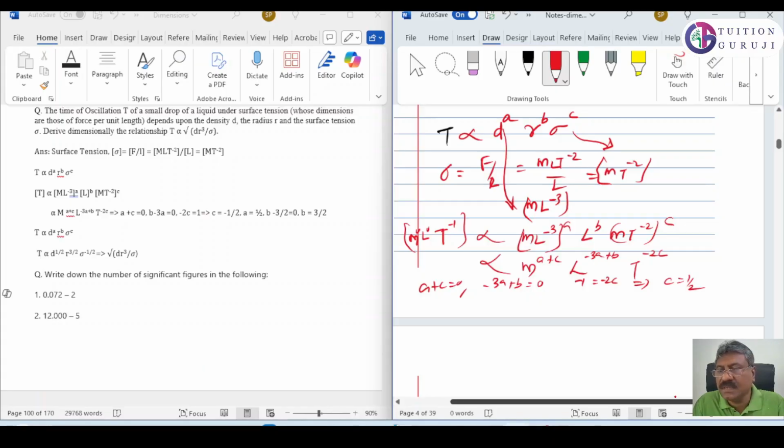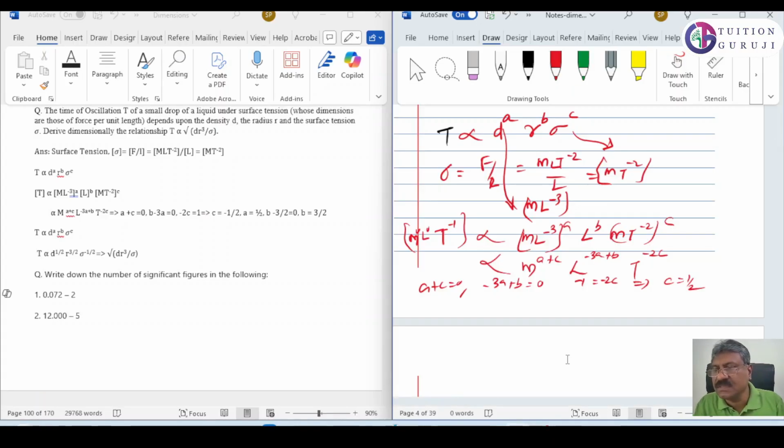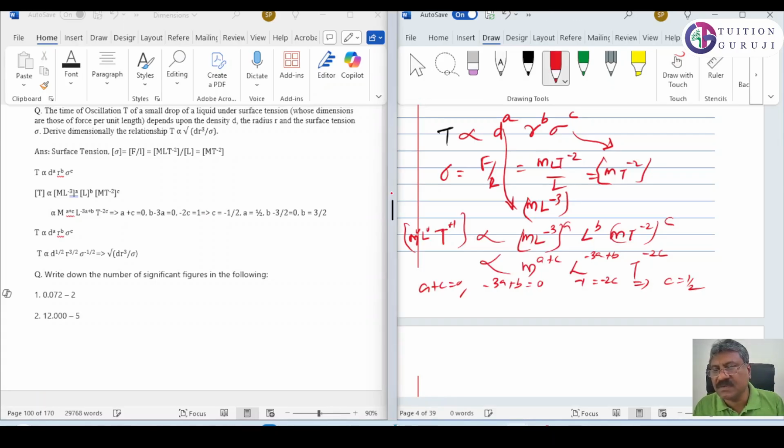So, sorry, is it minus 2C? Now what happened, it is not T raised to minus 1, it's plus 1. It is actually time only, it is plus 1 only, therefore plus 1 is equal to minus 2C and C is equal to minus half. Sorry for the mistake. So C is equal to minus 1 by 2.